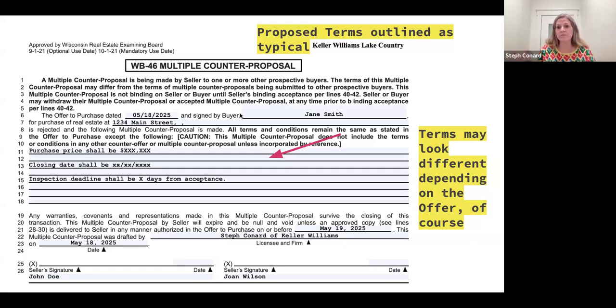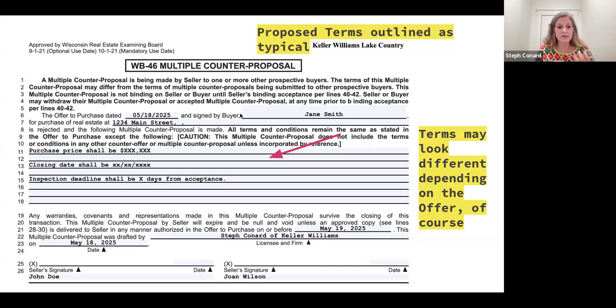There could be different terms that the seller is countering. This multiple counter proposal is not binding on the seller or the buyer until the seller's binding acceptance per lines 40 to 42. Seller or buyer may withdraw their multiple counter proposal or accepted multiple counter proposal at any time prior to the binding acceptance per lines 40 to 42.